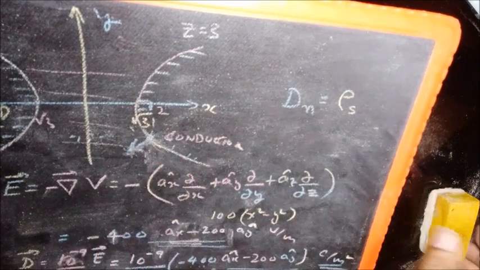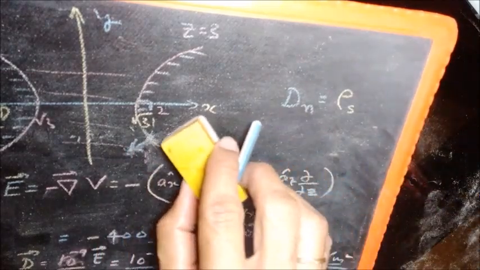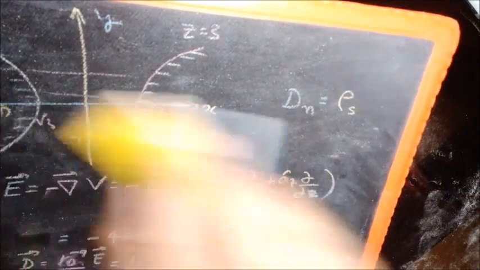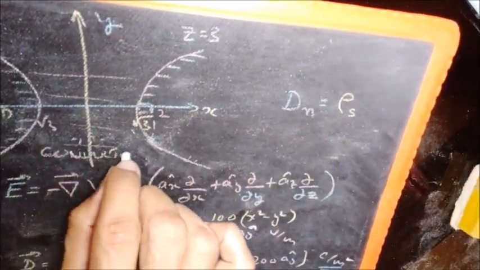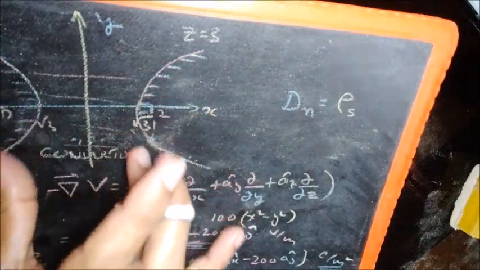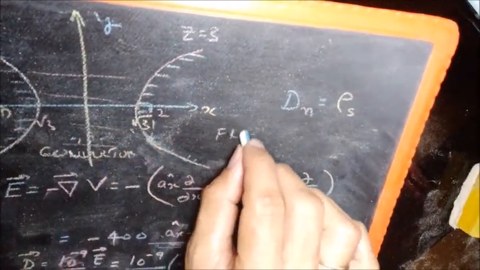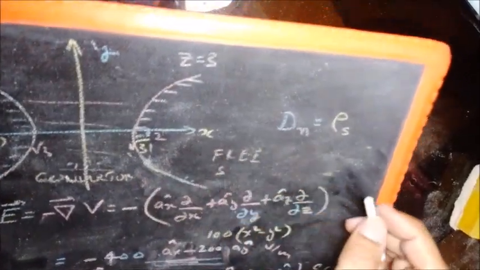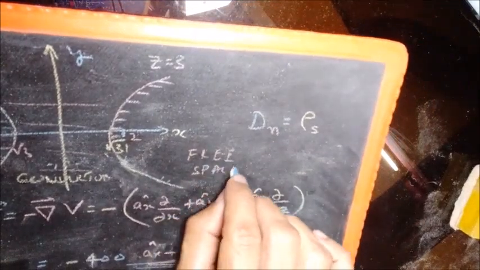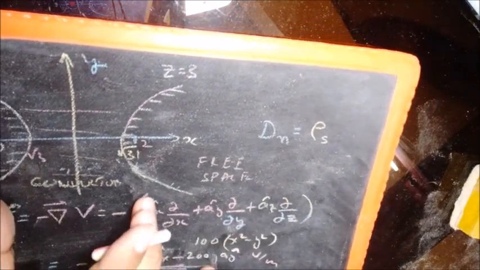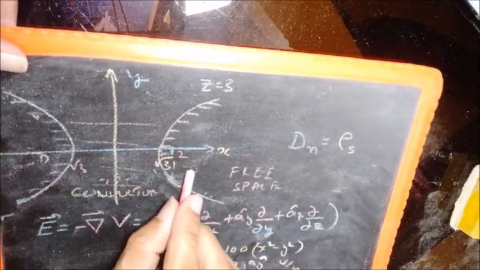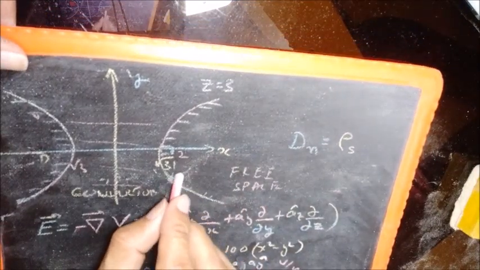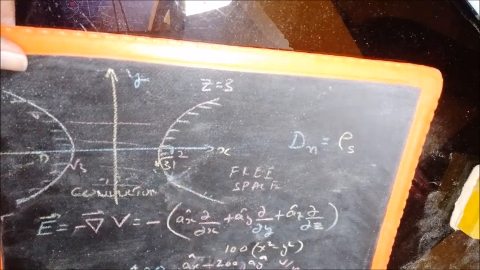A positive charge density will be here, and hence the field is emanating from the positive charge in this direction. Now, on the other hand, if this region was conductor and this was free space, we would have had the electric field in this direction itself as earlier, because that was not dependent on which side is free space and which side is conductor.